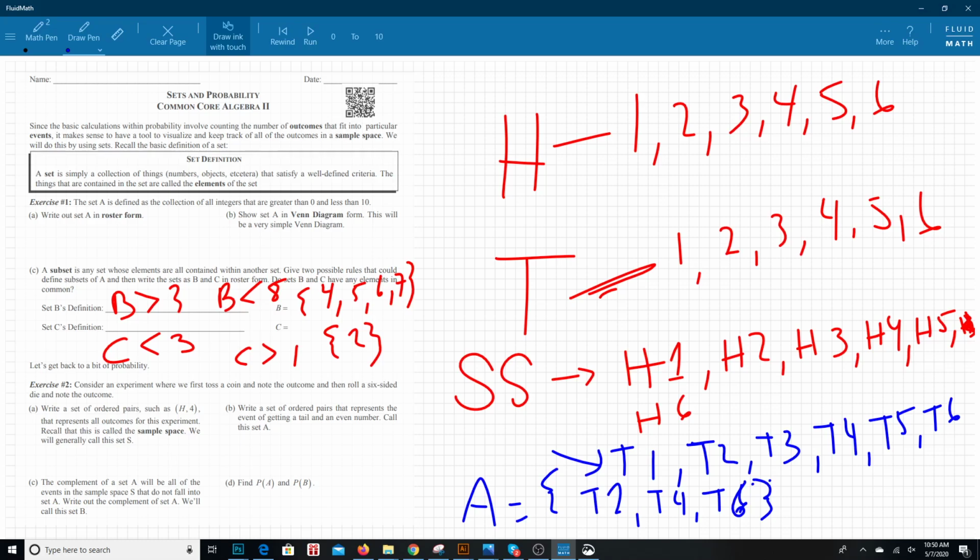And then D, essentially, I hope you guys understand that. D is essentially you want to find the probability of getting A. Your set A is going to be 3 over, how many choices do you have? 12. So 3 over 12, or 1/4. And the probability of getting B will be 3/4, essentially 9 over 12.